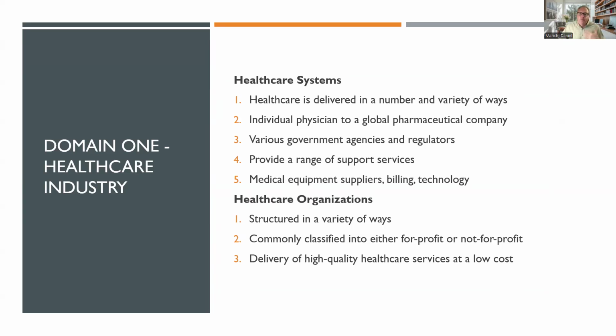So it kind of rounds out all of that. And then it goes in to talk about healthcare organizations. There's a wide variety of them, but they're mostly classified by for-profit and not-for-profit, right? So delivery of high-quality healthcare services at a low cost when organizations form and handle everything under one roof.